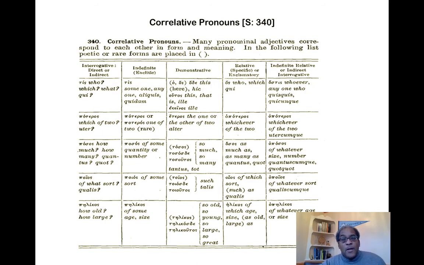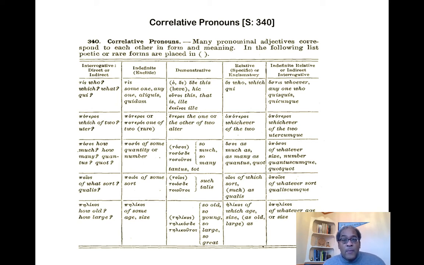Okay. So you have, and this is a very important chart, one of the most important charts in Smythe, the chart of correlative pronouns. And correlative pronouns are related forms that serve different purposes in the sentence, but it's very important that you get a sense of the relation between the different functions that these forms serve, because they're all related, but with slightly different purposes.